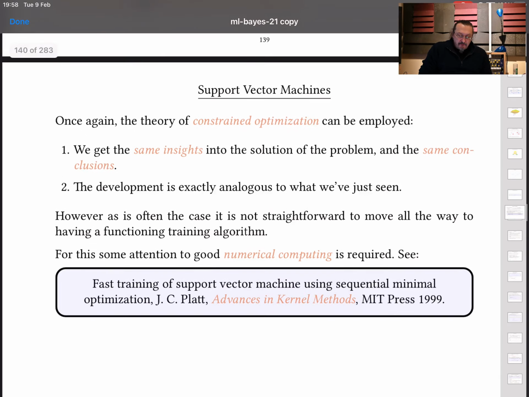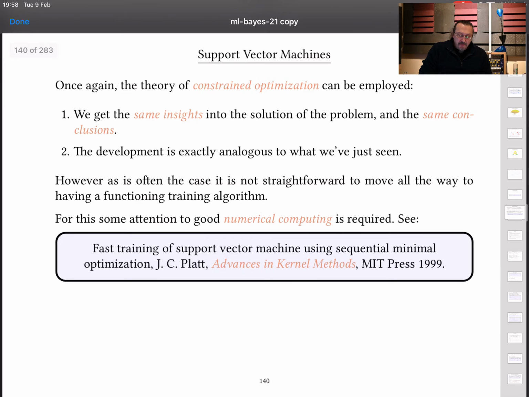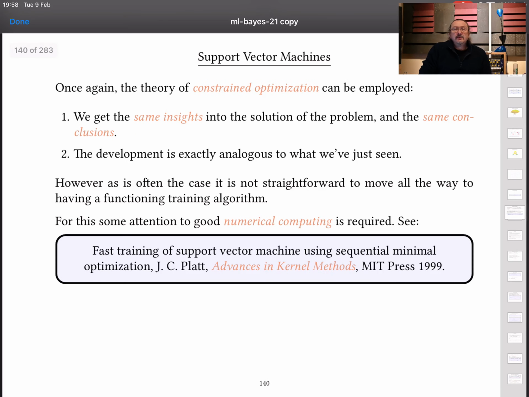Now, if you carry through all of the same kind of mathematics that was in the last lecture, if you apply the Karush-Kuhn-Tucker conditions to that version of the optimization problem, you find that you still get the same insights in terms of being able to recast the learning algorithm as choosing the alpha values, the Lagrange multipliers, rather than the weight vector, and you still get the same form for the solution.